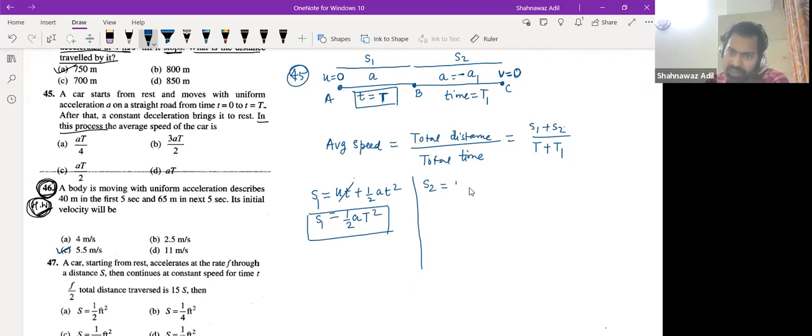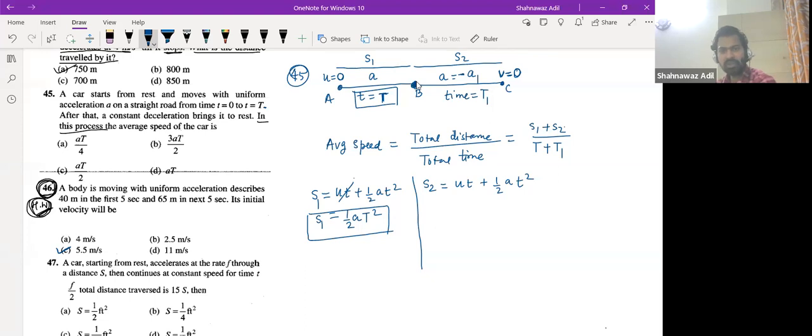And for that, we need UT plus half AT square, right? So to calculate the B to C distance, we have to calculate what is the velocity at this point, right? So we can use the A to B relation. From A to B, what is the velocity at point B?